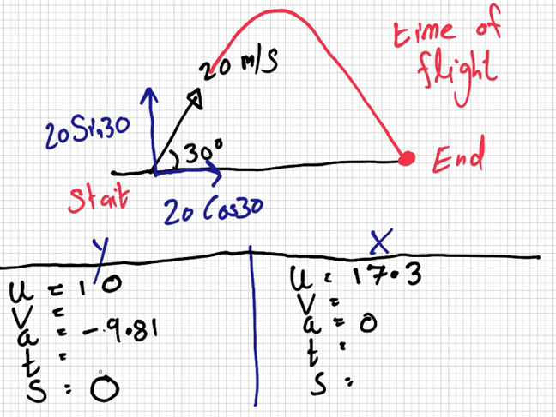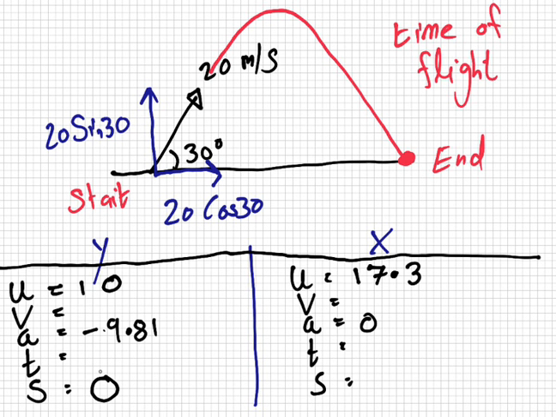Why is the acceleration negative 9.81? Because it's going down. Isn't going down positive? No, we talked about this last time. If I call up positive, then acceleration down is negative. And I'm calling up positive and right positive here.